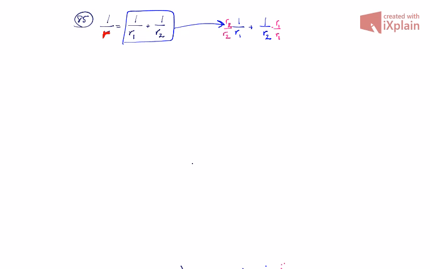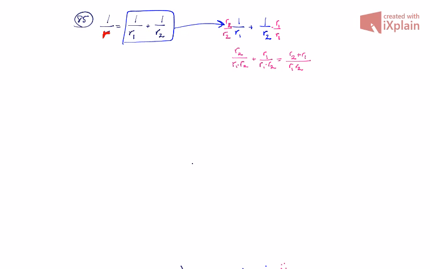If you take a step back and look at what I've written, now I do have a common denominator. So this will be equal to r sub 2 over r sub 1 times r sub 2 plus r sub 1 over r sub 1 times r sub 2. We can clean that up further by shorthanding the denominator.